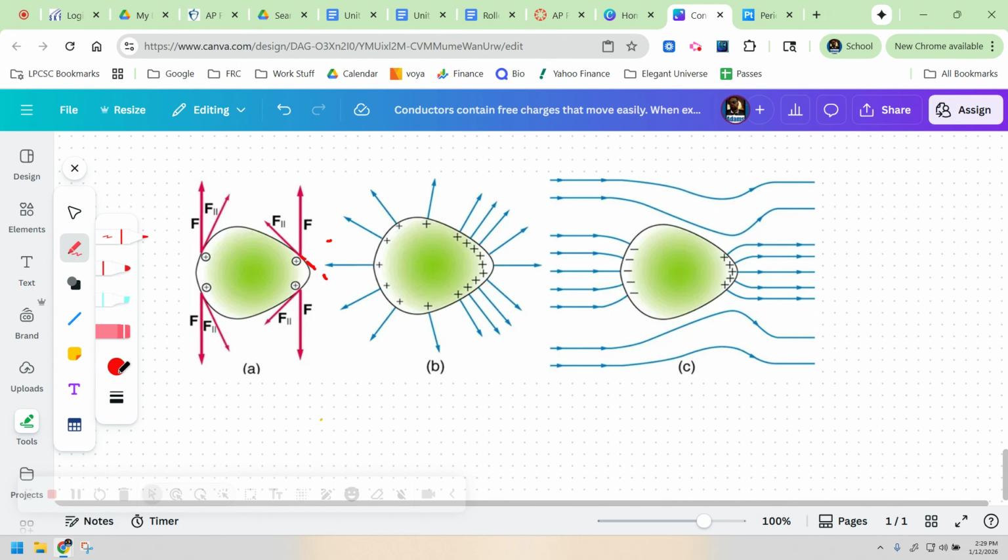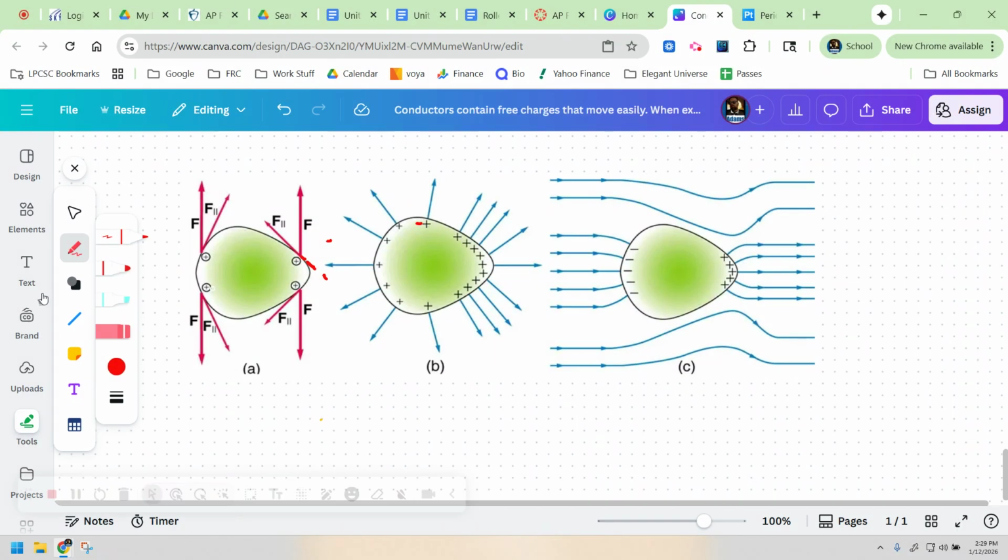Now for part B, so that was part A. For part B, the force parallel is the smallest at the pointed end, and the charges are left closer together, producing this sort of electric field. Normally these would be distributed differently, right?